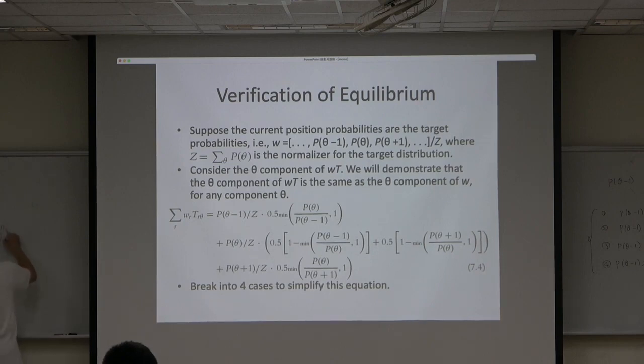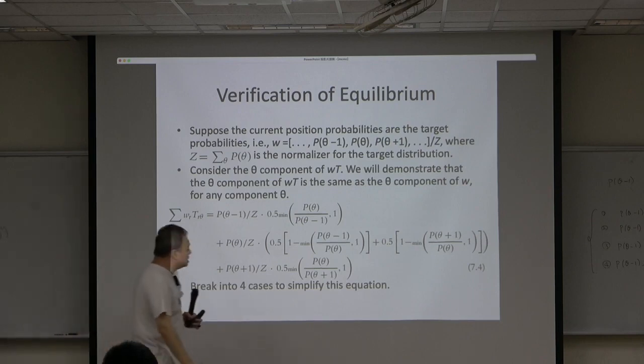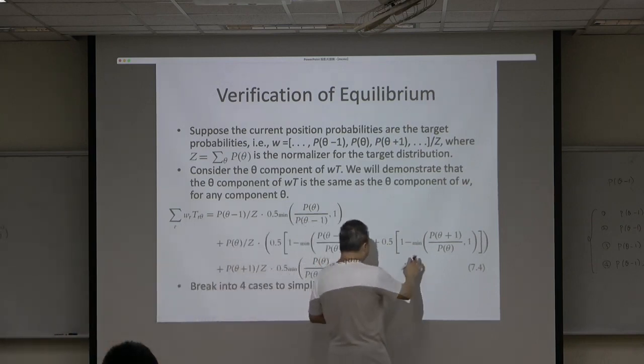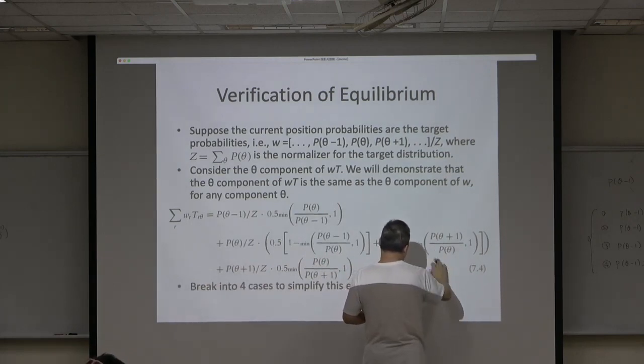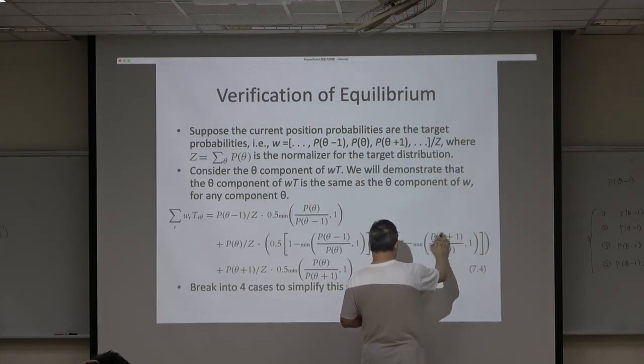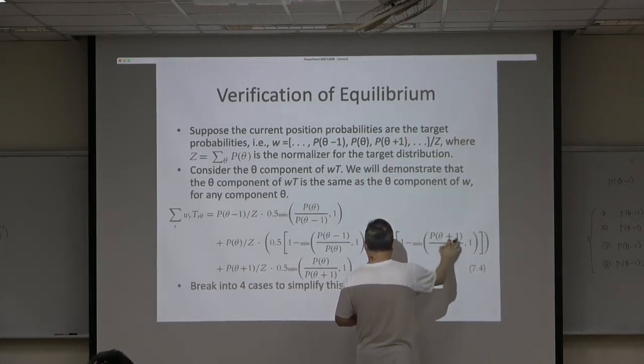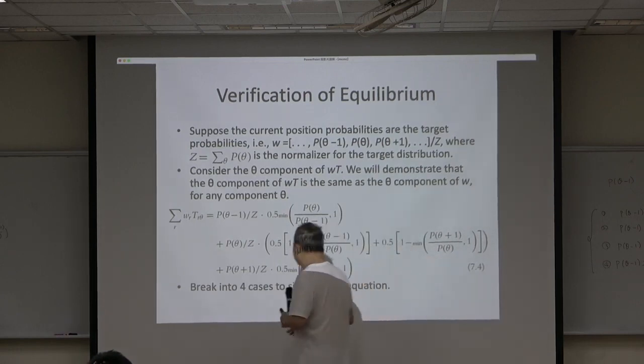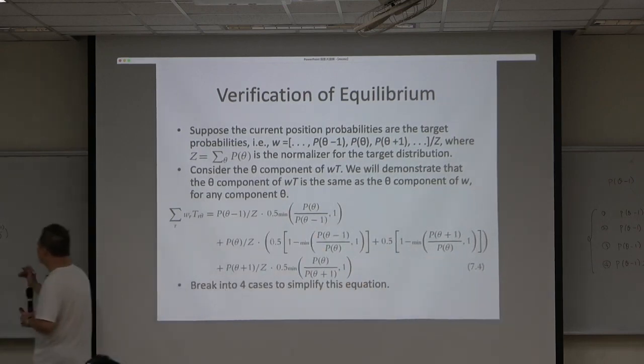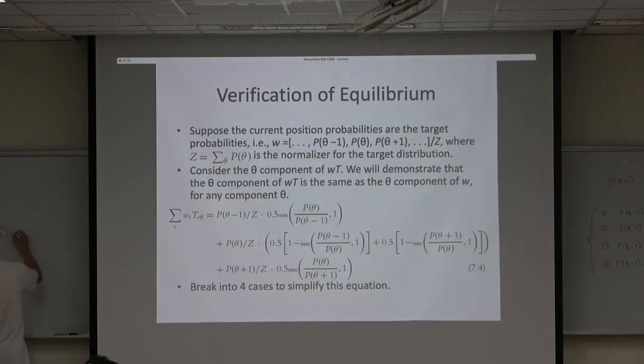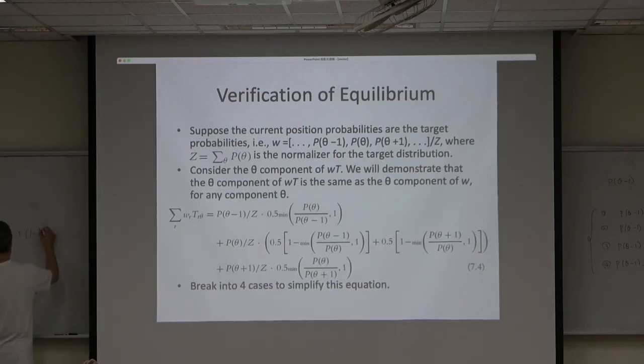And then plus, again, this one is going to be a value smaller than 1, so we take this one as well. So plus 0.5 times 1 minus p theta plus 1.